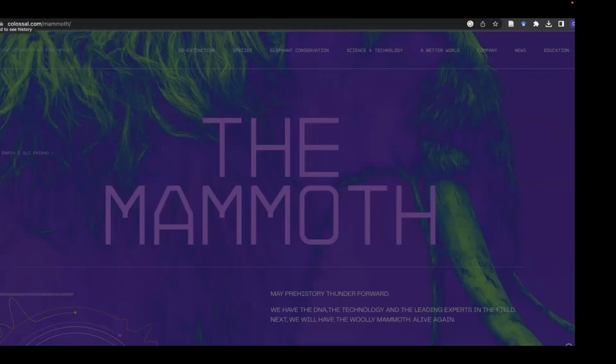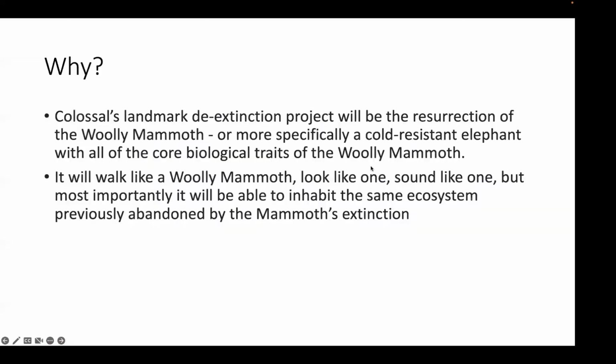Colossal has the main aim of bringing back the woolly mammoth, using new genome editing and ancient DNA-based readings and other types of technology to modify the Asian elephant and bring back the woolly mammoth. And they're very specific on what their aims are.